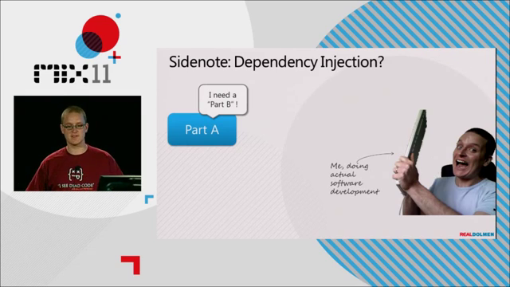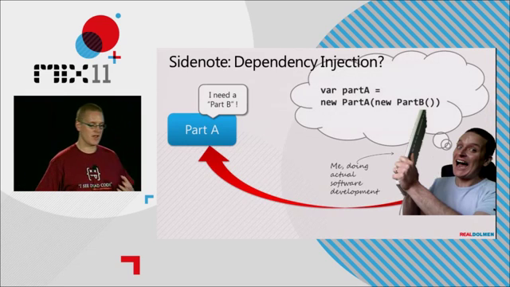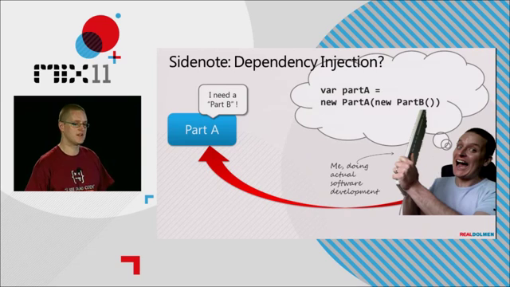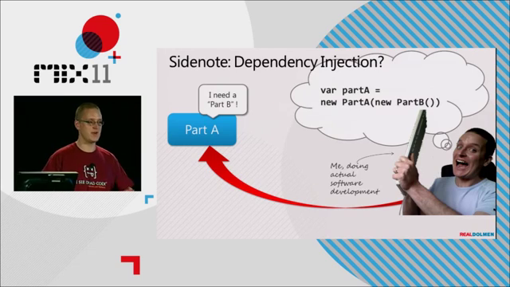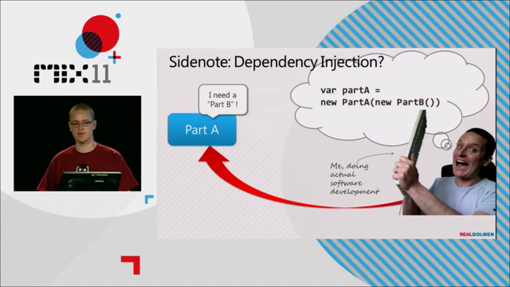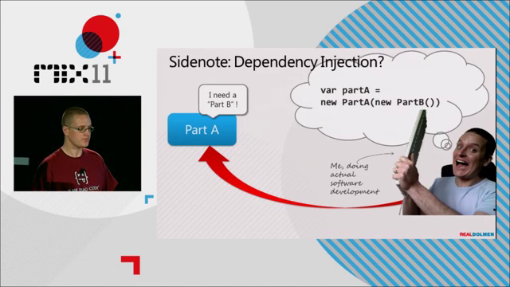What you usually do as a developer is you say, okay, coming up, and you do something like this. You just create a new part A, and you provide it with the second part. So this is really dependency injection in its most simple form, and something you probably do daily in your jobs.